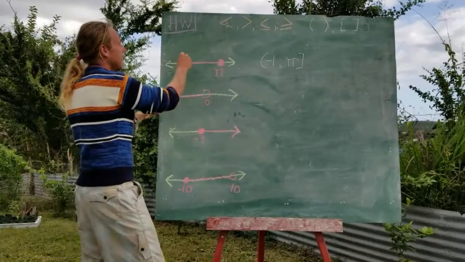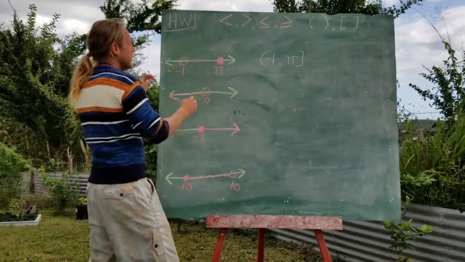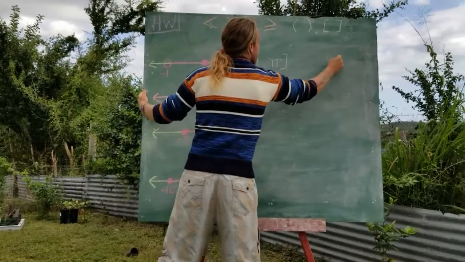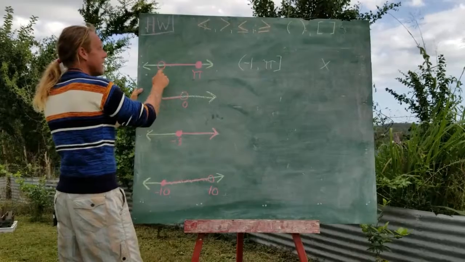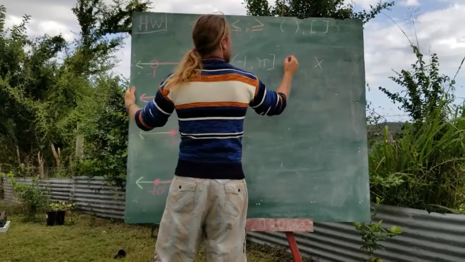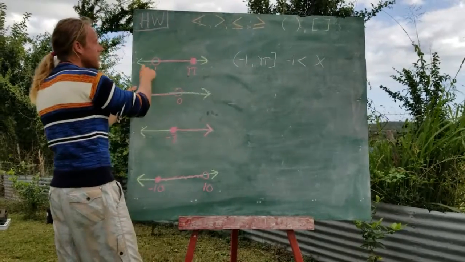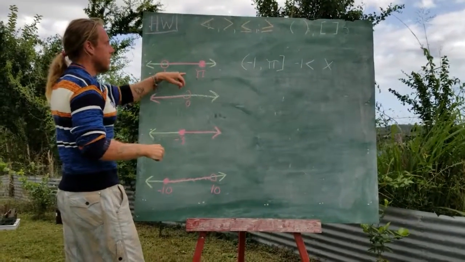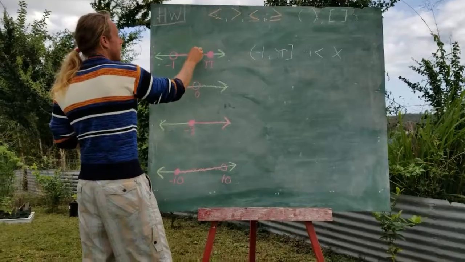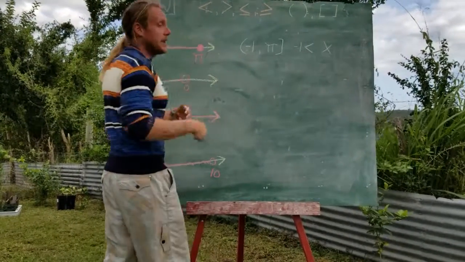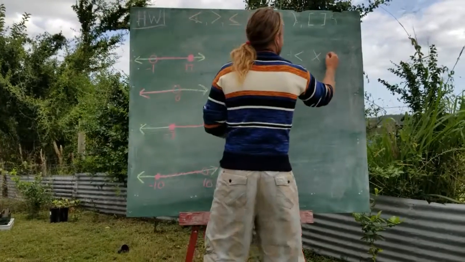Any element x would be described with respect to -1 as greater than -1, not equal to. So -1 will be less than x, or x will be greater than -1, again not including -1, and x will be, with respect to pi, less than or equal to, or pi is greater than or equal to x.